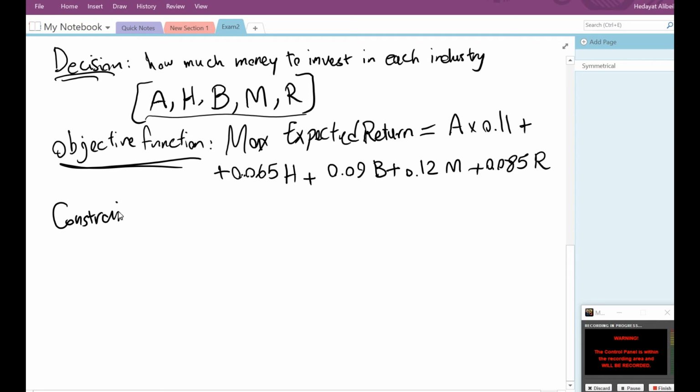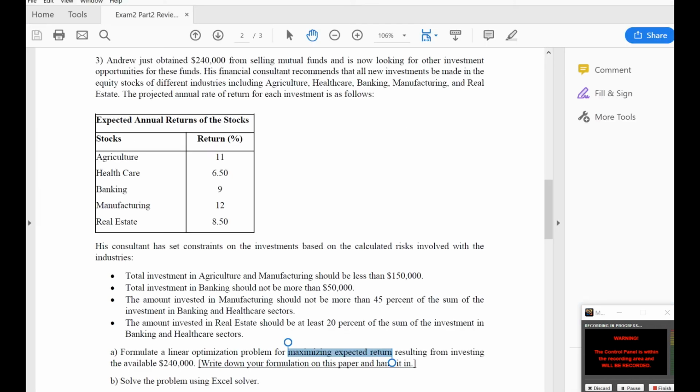Constraints. So the first constraint would be that he cannot invest more than $240,000, which is his budget.